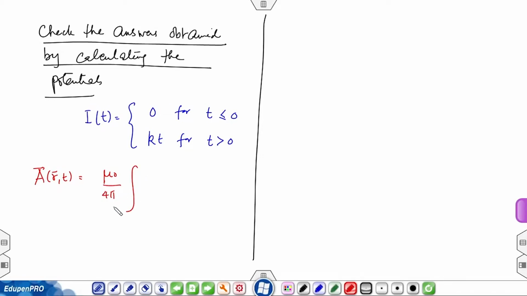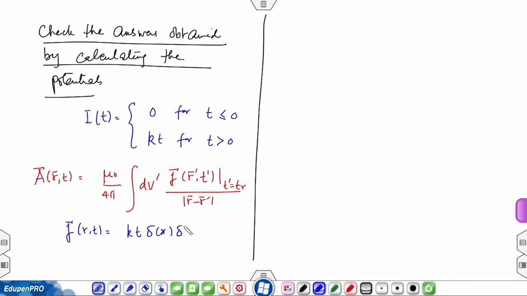Now, there are no derivatives involved, dv prime J(r prime, t prime), where t prime is t retarded, divided by |r minus r prime|. Again, J(r,t) is kt delta x delta y in the z direction for t greater than 0.